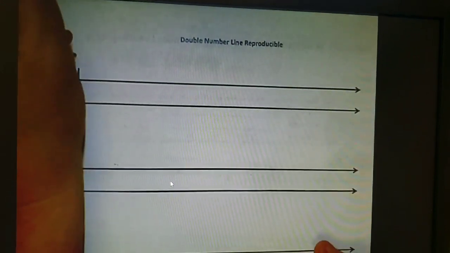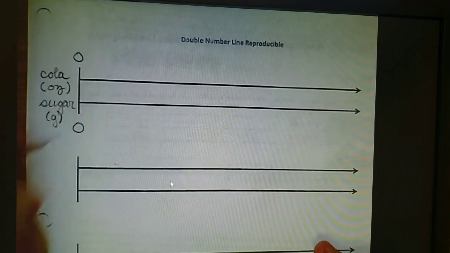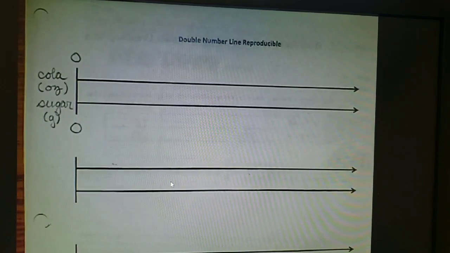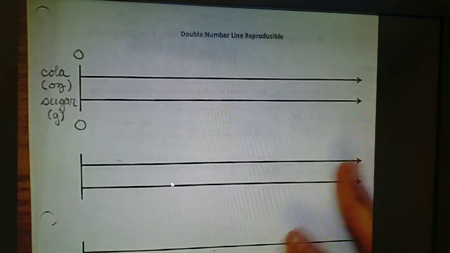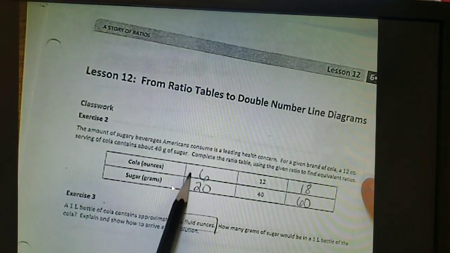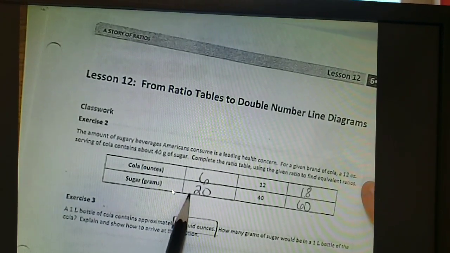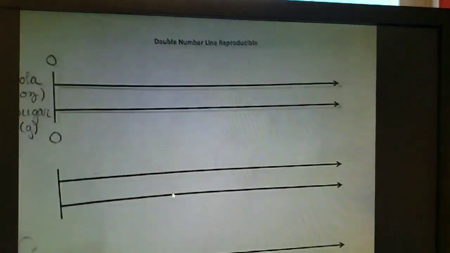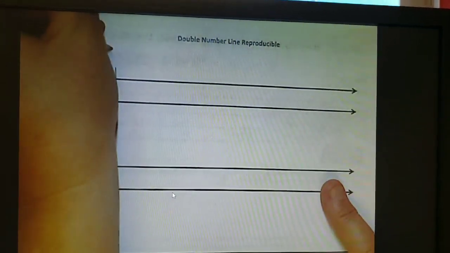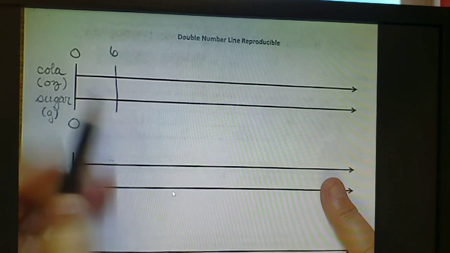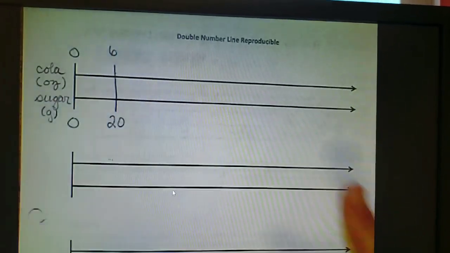Okay, the double number line always starts with 0. Okay, and then we're basically going to create this table on here. So we knew that based off of our table, in 6 ounces of soda, there were 20 grams of sugar. So this first one is going to be 6 for our cola and 20 for our sugar.